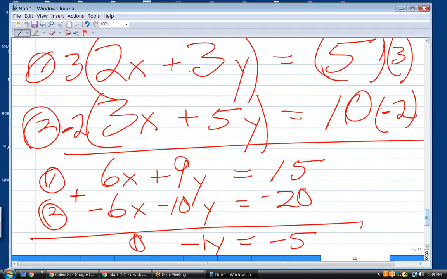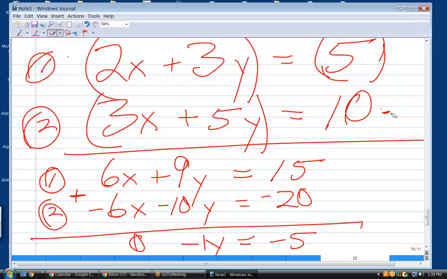Now we're looking at 4 equations here: this number 1, this number 2, this number 1, and this number 2. Let's go back to the original equation before I multiplied both sides by 3, and the original equation before I multiplied both sides by minus 2.